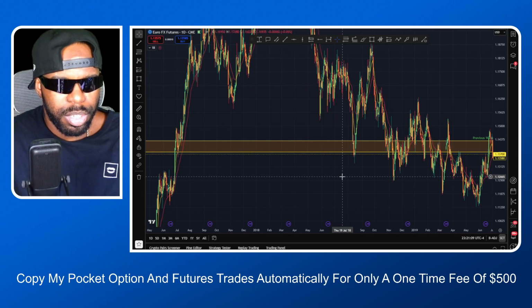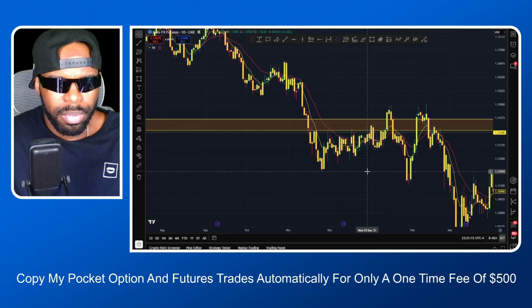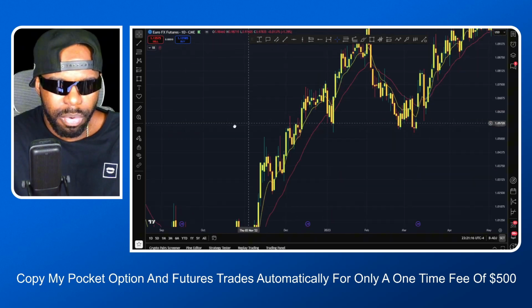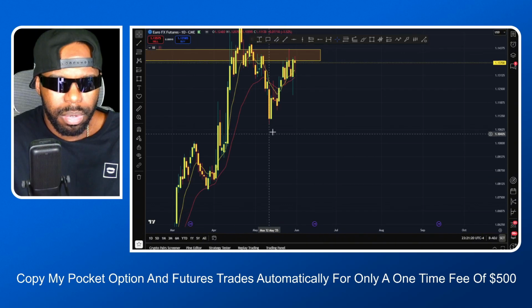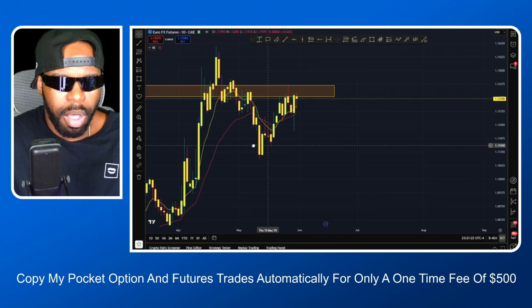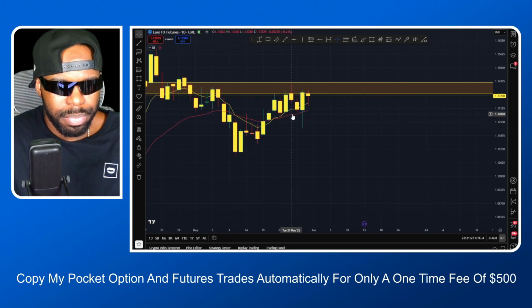This zone is pretty strong. When it comes to trading Pocket Options, Forex, or futures, you can catch some sniper entries off of these zones. So that's my high of the week.